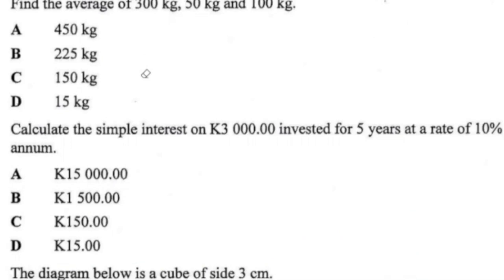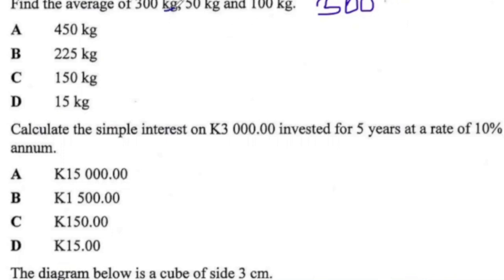We go to 53, which is: find the average of 300 kg, 50 kg, and 100 kg. To find the average, first of all, we are going to add all the quantities given.